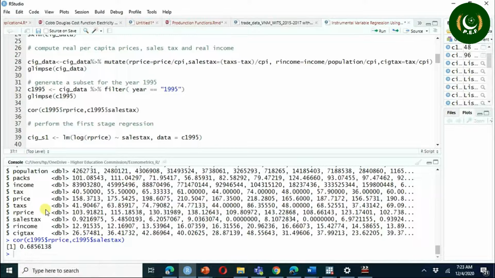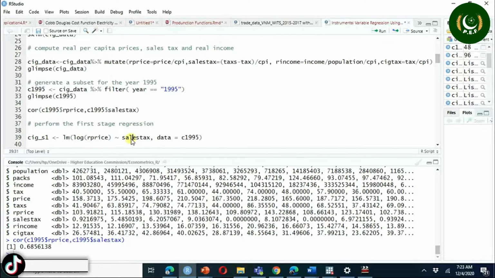So now let's perform the first stage regression. You can see log of real price is regressed on sales tax. Price, your real price, is your endogenous regressor, and you are going to regress it on the instrumental variable.